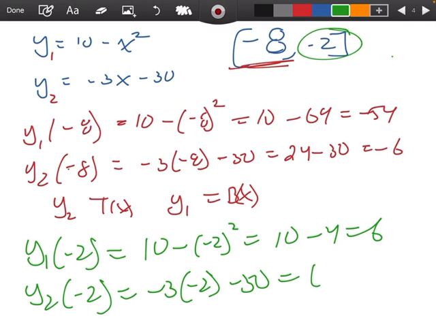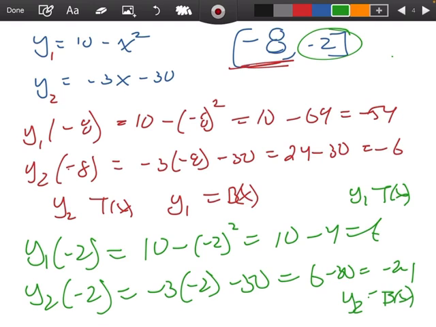So that's 6 minus 30, that's a negative 24. Okay, so in this case, at this endpoint, my y1 is my top function, and my y2 is my bottom function.